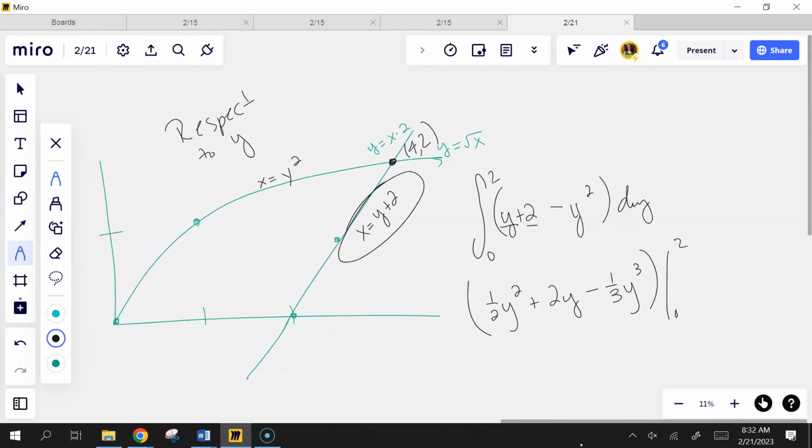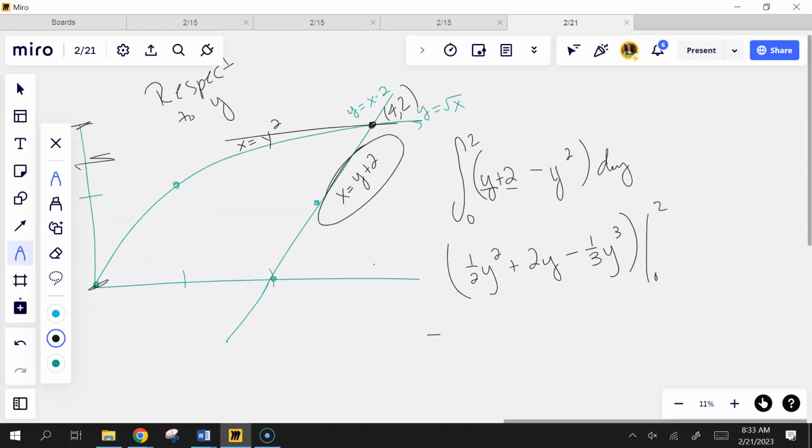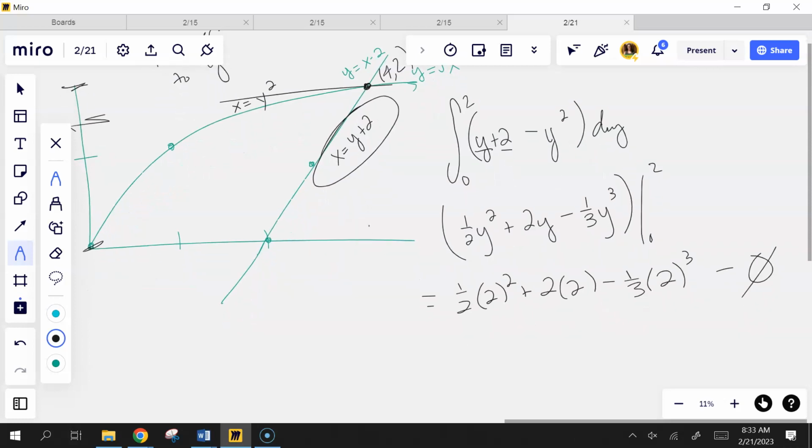So instead of going 0 to 4, I'm going 0 to 2. 4 over 2 is 2, plus 4, minus 8/3.